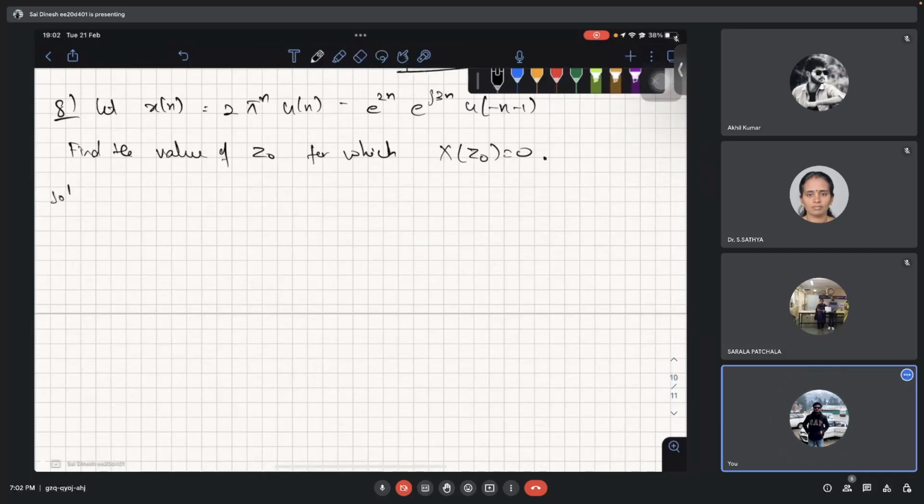So the solution would be: find x of z and then put x of z in the format of p of z by q of z, where this is the numerator and denominator.